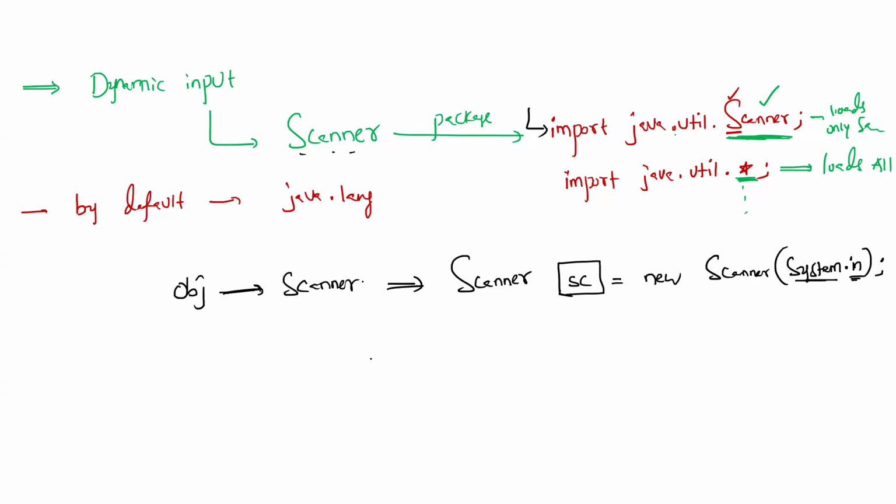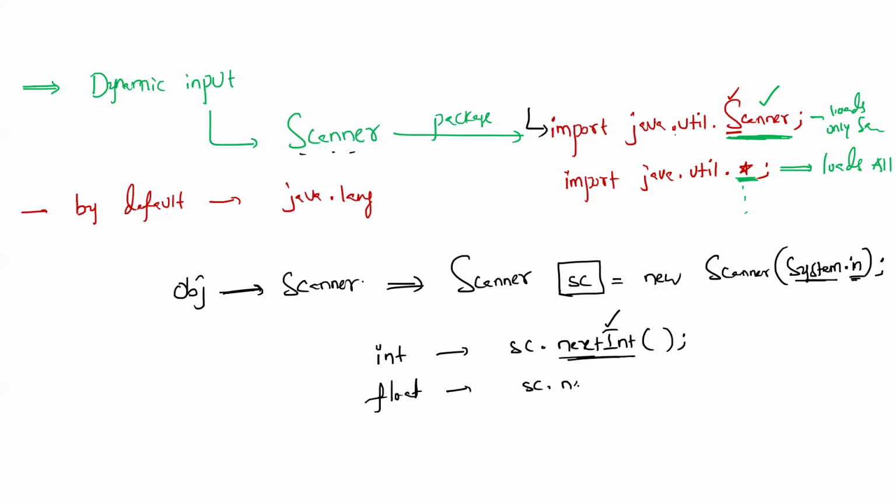So for reading any int value from the Scanner class, which method? nextInt is the method, and we discussed the naming standards. It's called the camel naming standard: first word small, the second word's first character an uppercase letter. Java developers have followed it, and since we are followers of Java, we must follow the same rules.